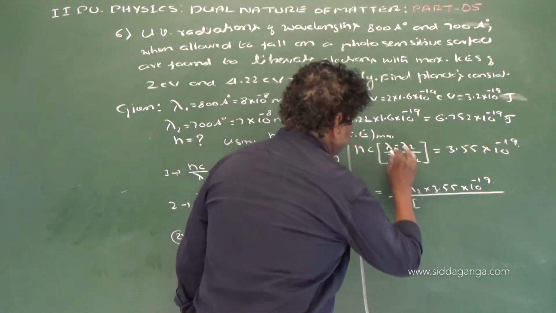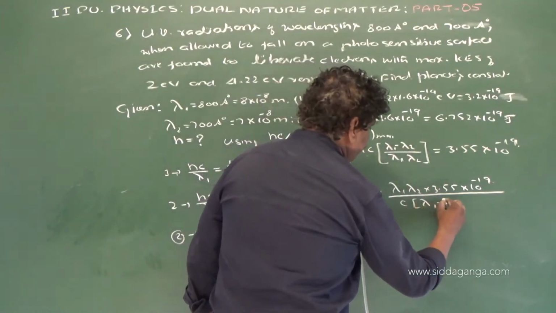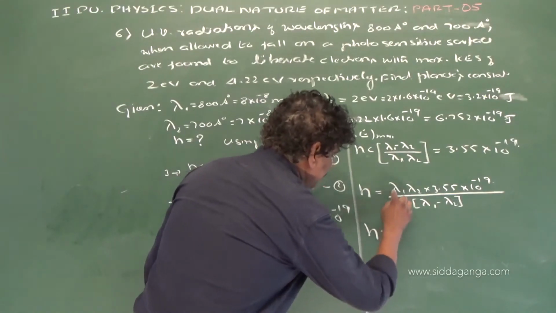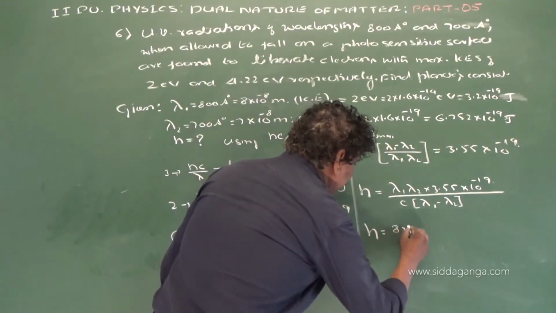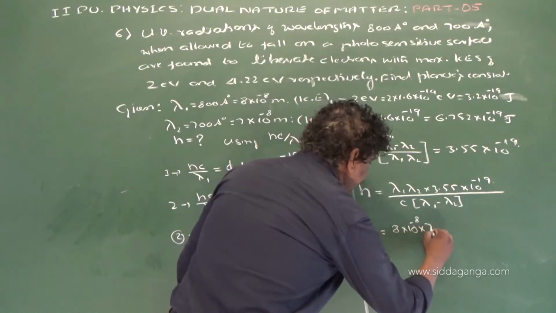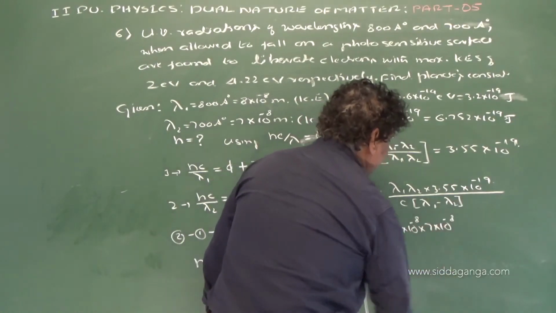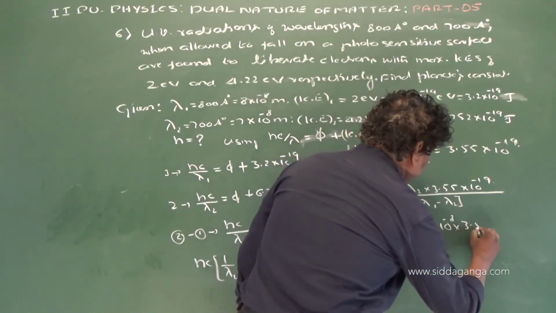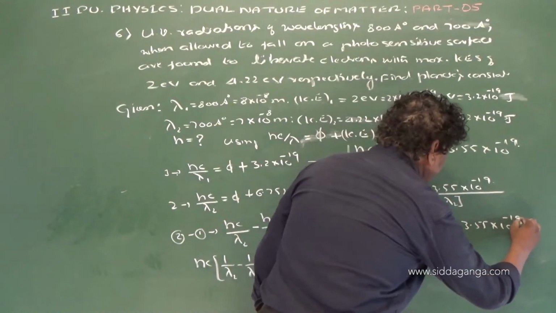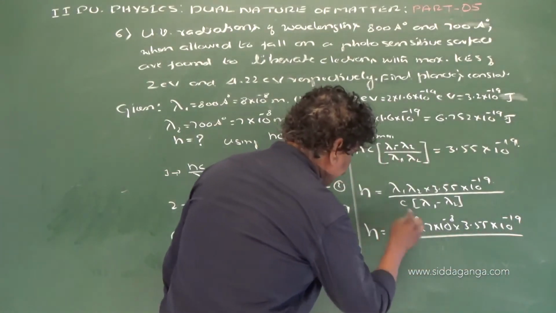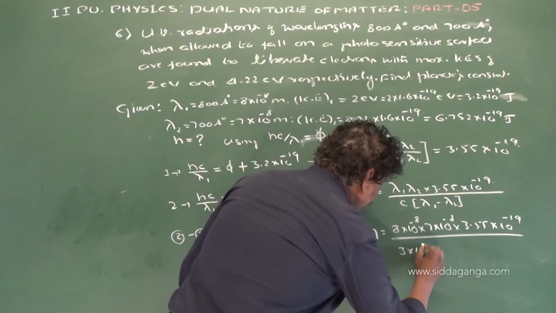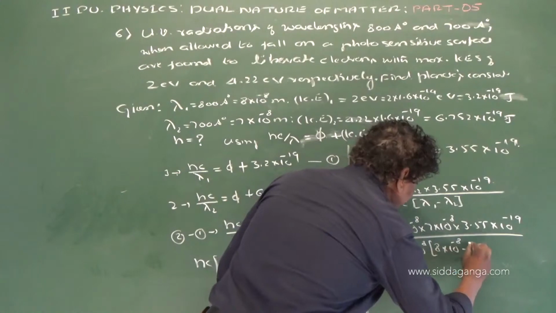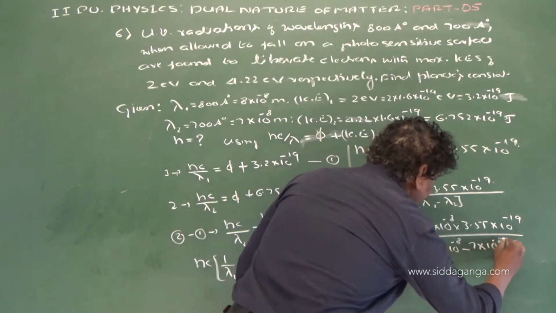into lambda 1 minus lambda 2, or h is equal to, this is lambda 1, 8 into 10 power minus 8, 7 into 10 power minus 8, into 3.55 into 10 power minus 19 divided by this is 3 into 10 power 8, into 8 into 10 power minus 8 minus 7 into 10 power minus 8.